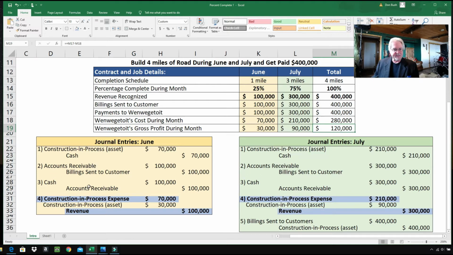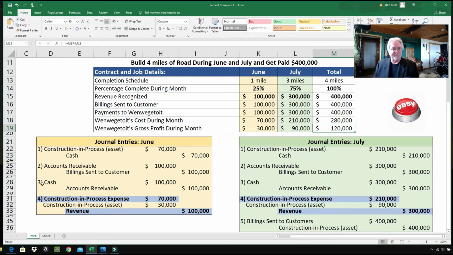All these journal entries affect balance sheet accounts, except for the journal entries highlighted in blue. Those accounts are income statement accounts. So I didn't want you guys to get confused. So most of the journal entries will show up on the balance sheet, and just these 2 right here and these 2 over here will show up on the income statement.